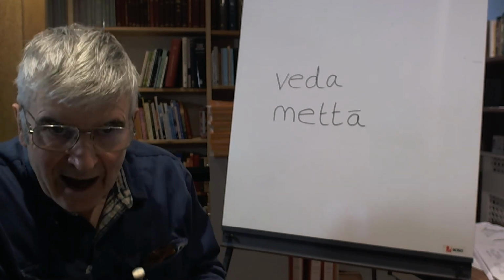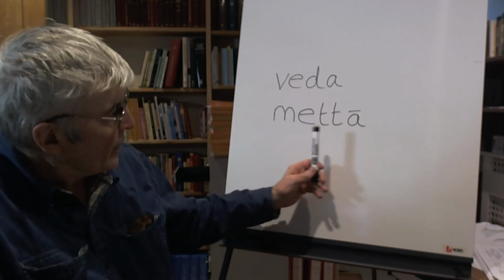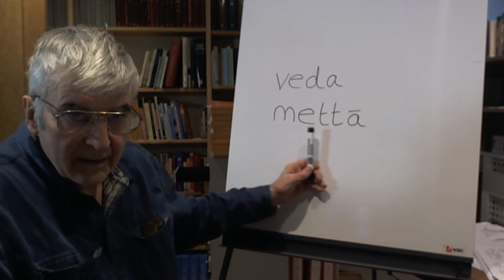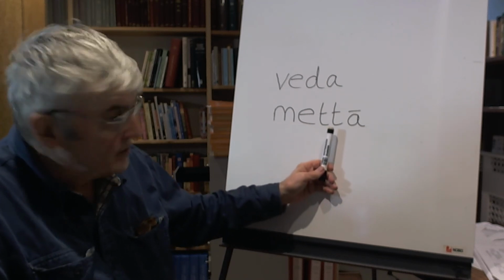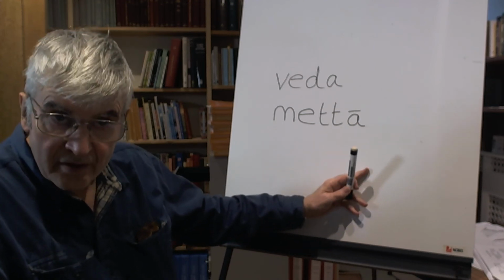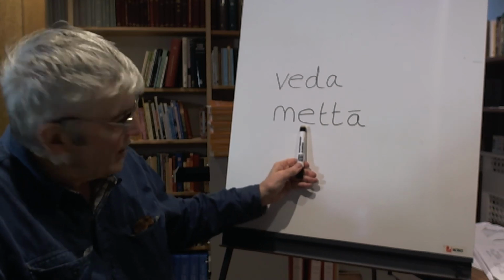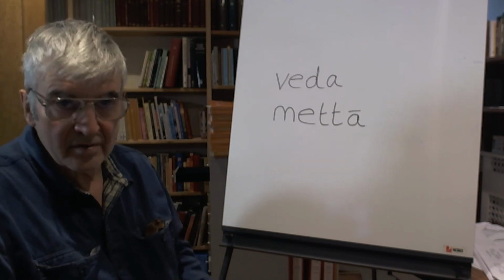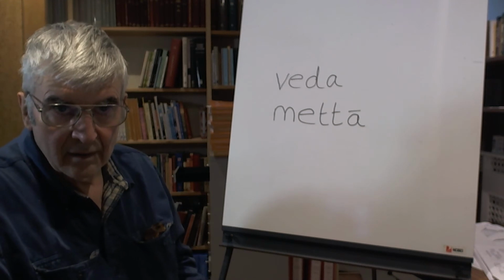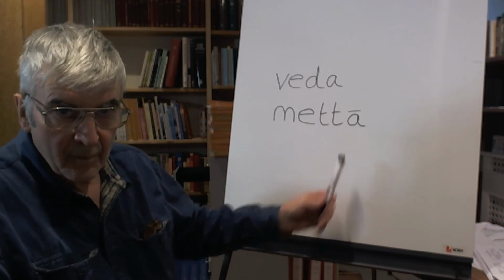It's maitreya in Sanskrit. If this were a Sanskrit word, it would be pronounced with a long e and the doubled t. You can do that in Sanskrit. In Pali, you can't. If it's a doubled consonant, the e is pronounced short. It's pronounced metta with a short e, not as in Veda.